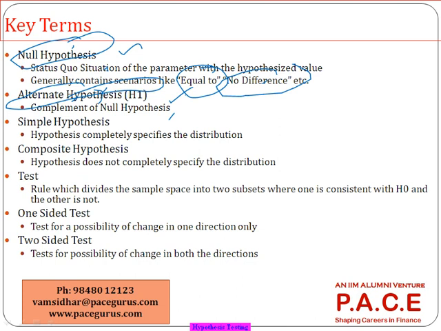Probably this world of hypothesis testing has a lot of similarities to the world of judgment or law. Whenever a person is produced in a court of law, the default assumption of the judge is the person is innocent, irrespective of whatever evident crime the person had committed.